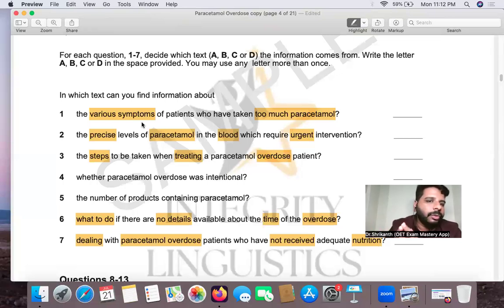Never be a stubborn student who says, unless and until I find the answer to this question, I'm not going to attempt any other question. Don't be that type of student. If you can't find the answer, temporarily skip it and go to the next question. Then towards the end, you come to the difficult questions. So these are the right strategies on how we should approach an OET reading part A.